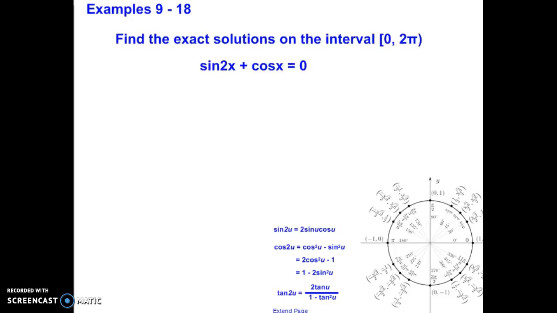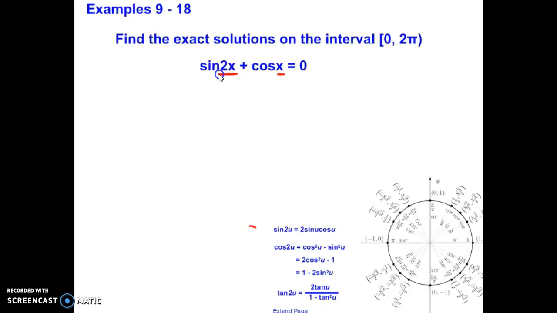So if I was to ask you to find the solutions on this interval, here's an application. I cannot solve this trigonometric equation as is. The reason I cannot is this is a 2x and this is x. In order to solve a trigonometric equation as we have in the past, those angles need to be the same. So I need to make them the same.